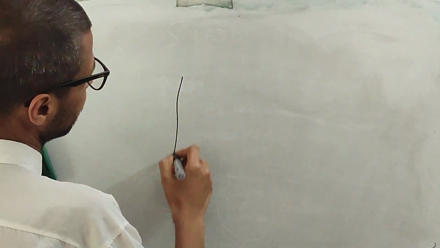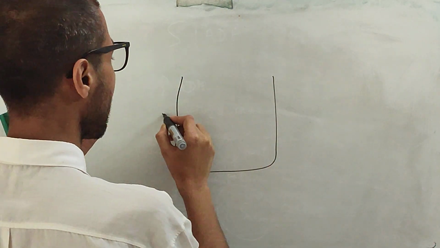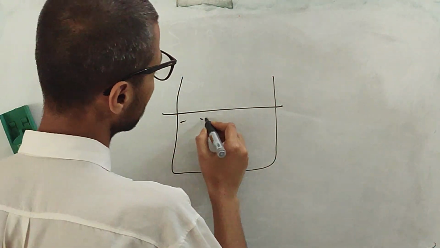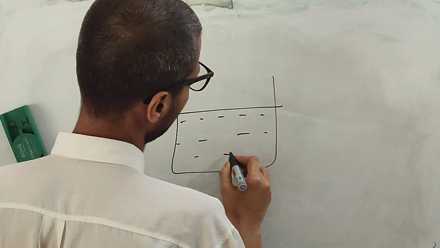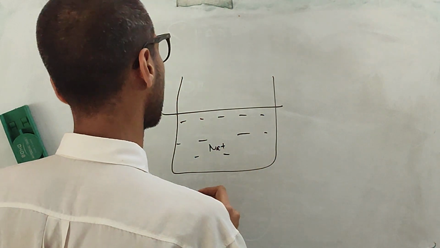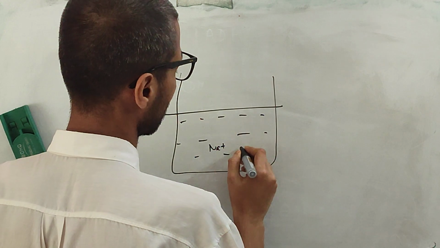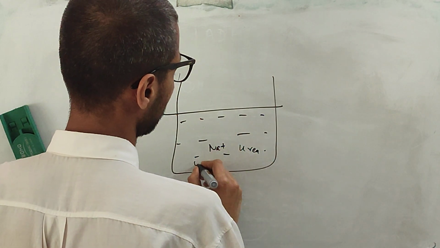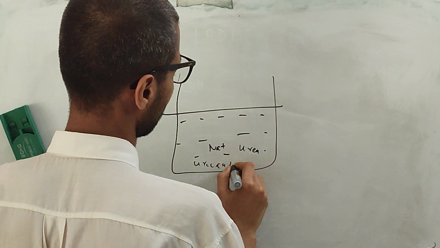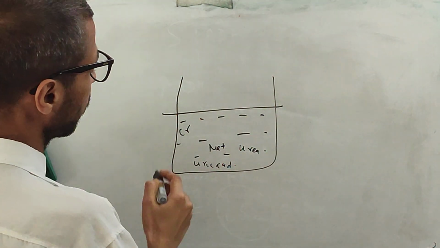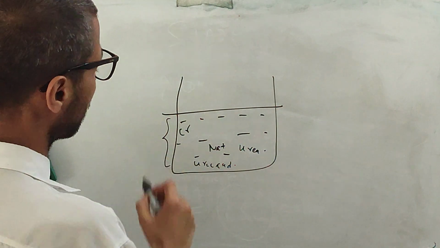Let's suppose this is the extracellular compartment of a human system, and this much free water is present, and there are many osmoles in the extracellular space like sodium, urea, uric acid, creatinine, and a variety of others.